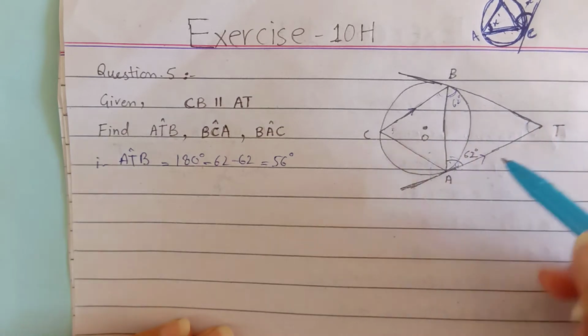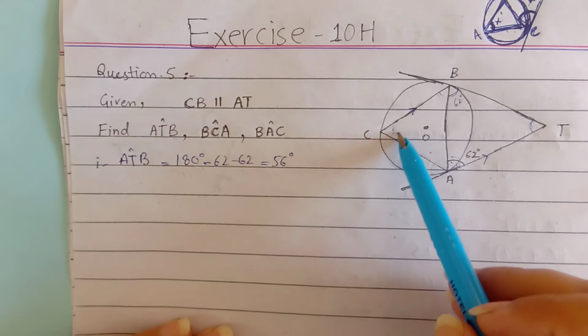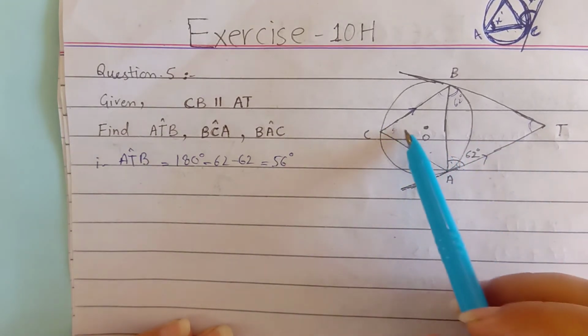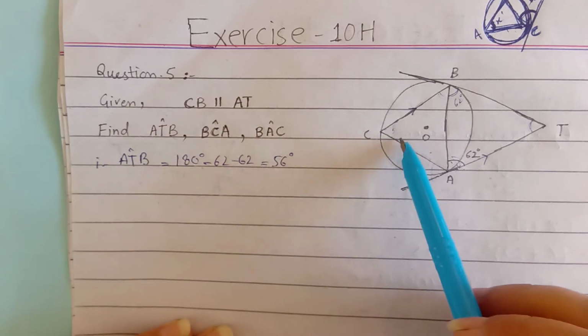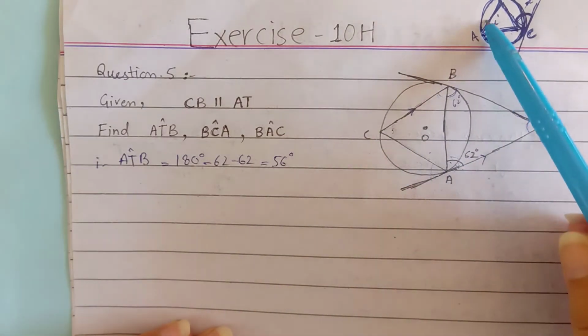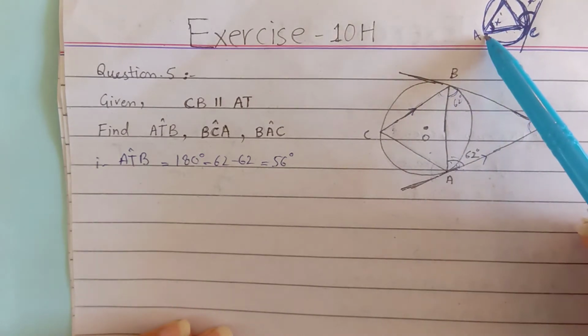The next one is to find the angle BCA, the angle at point C. Here we are going to use one of the properties of a circle, which states that, let's look at this circle here, right?